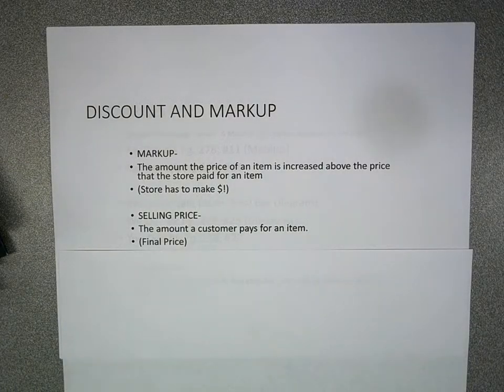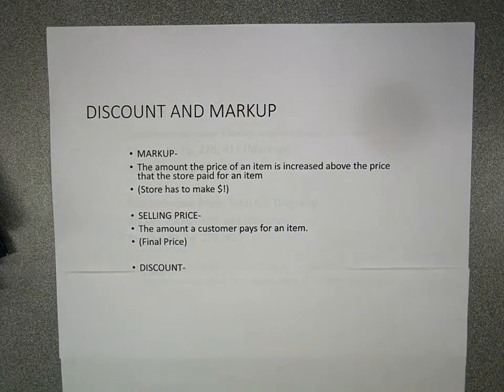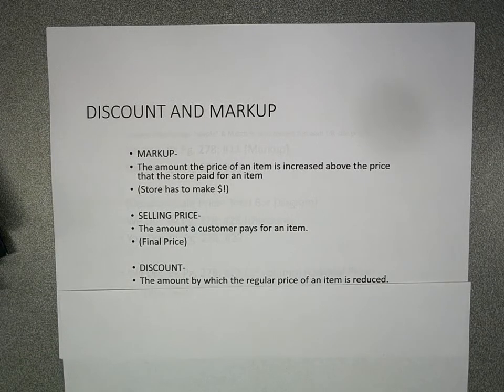Now, the reason I want to talk about this: you have a selling price, and then the other thing you have is the discount. Everyone? Discount. All right, here's what a discount is. It's the amount by which the regular price of an item is reduced. So in your little box there, go ahead and put, this is the money you save.